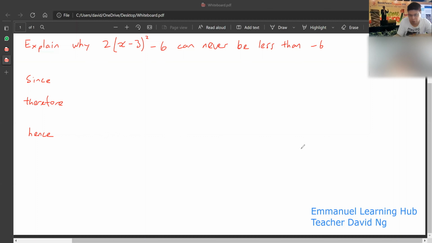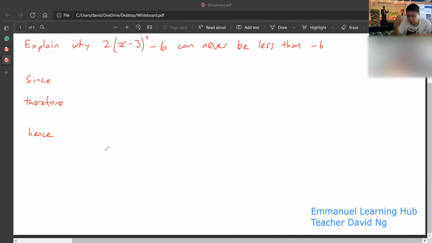Hence, etc., etc. The hence is optional. Since always followed by therefore. Hence, right, depends on situation. Sometimes you need to use hence. Sometimes no need. But if you have a since, you will always have a therefore.